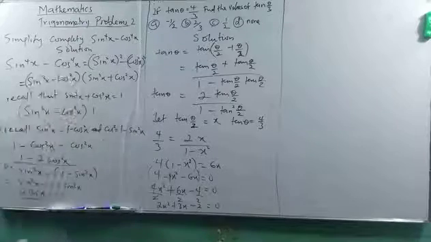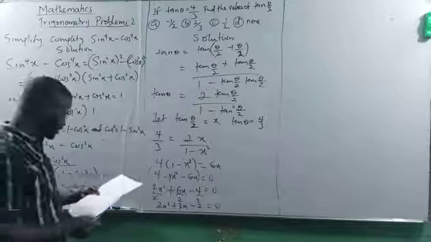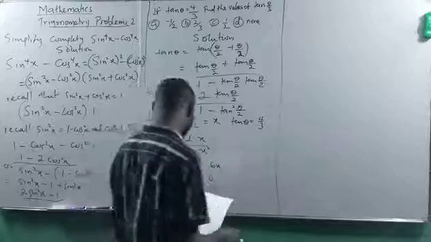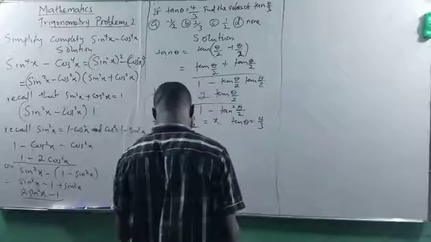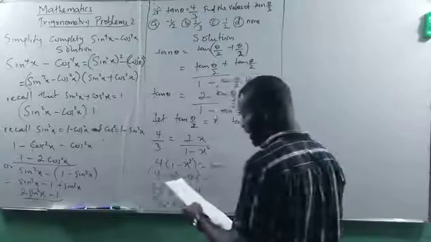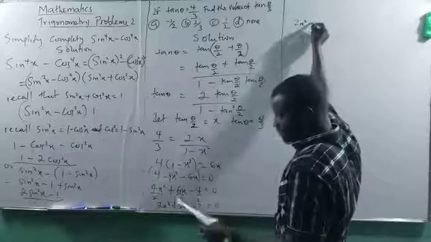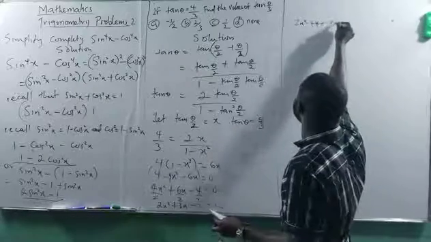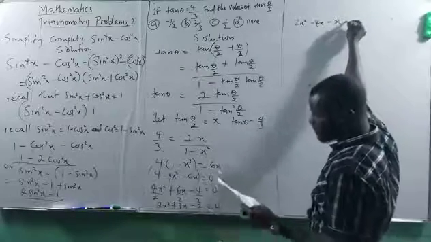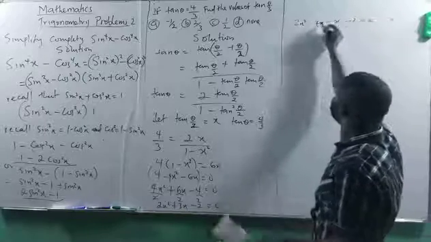Hope I'm not making any mistake. Now, I think at this point I'll be having 2x squared minus x plus 4x minus 2 equals 0.